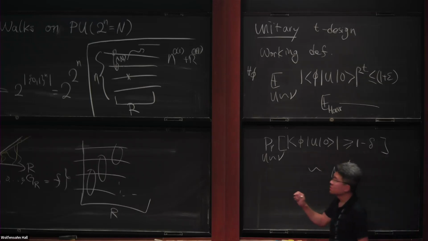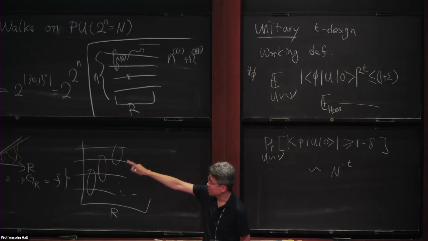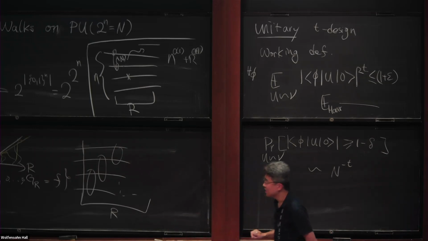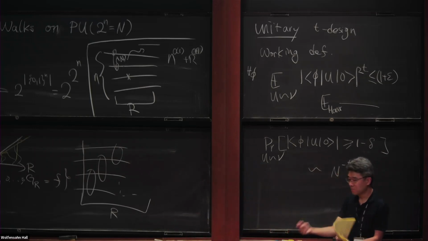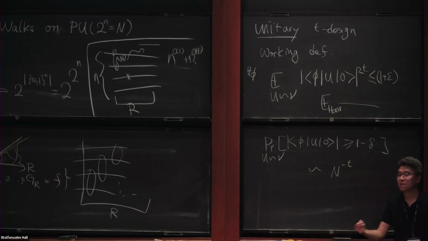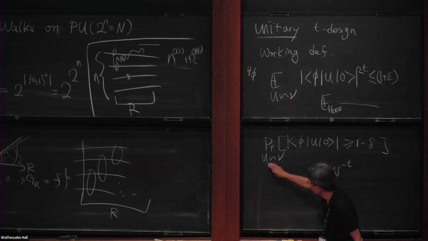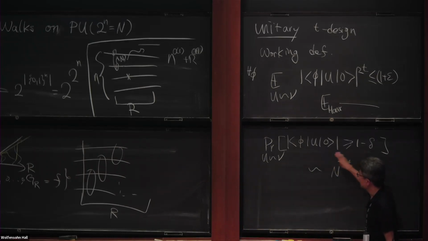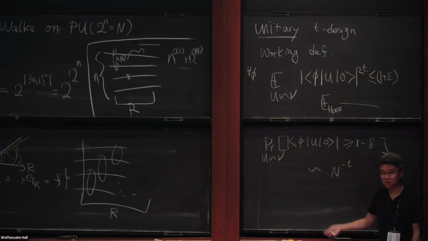The probability bound coming from the working definition of T design gives me, if I choose a random instance from my ensemble, what's the likelihood that I will match a certain number of inputs? If I choose a unitary from my given ensemble, what's the chance that I will match the given vector in the exponentially large dimensional unitary group? And I demand that it is pretty small.